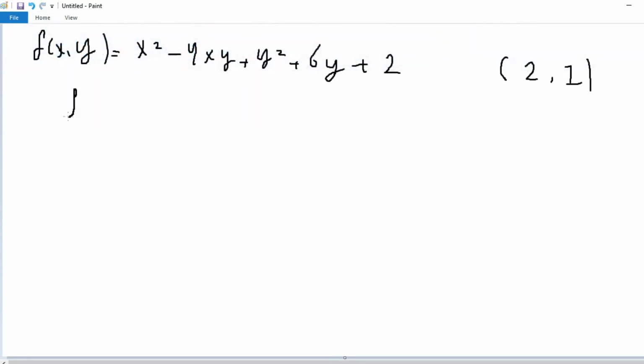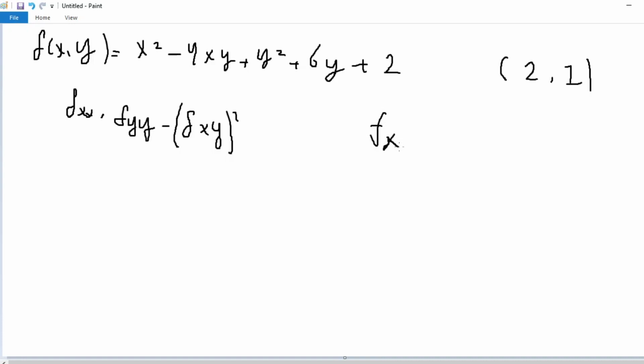The discriminant is fxx multiplied by fyy, and then negative fxy, squared. So let's find the second derivatives. Oh, sorry, I forgot, I removed the partial derivative with respect to x.